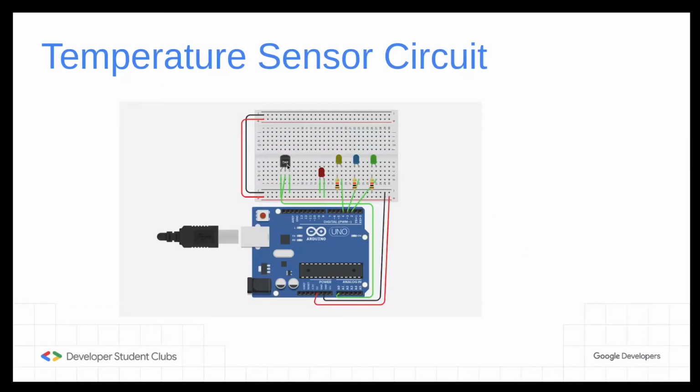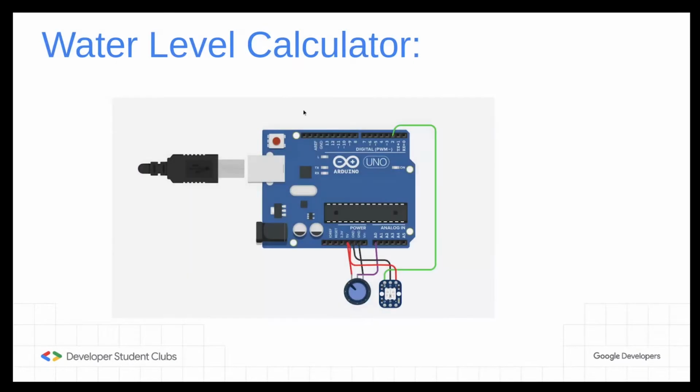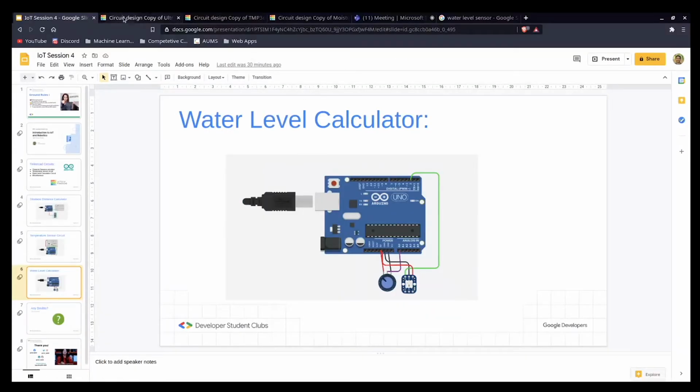This here, as you can see, is the temperature circuit, the TMP36 sensor. And the third circuit which we'll be going through is the water level calculator. This is the potentiometer. We will be altering the values, and accordingly it will light the LED for water detection. All right, so let's go on to the first one.